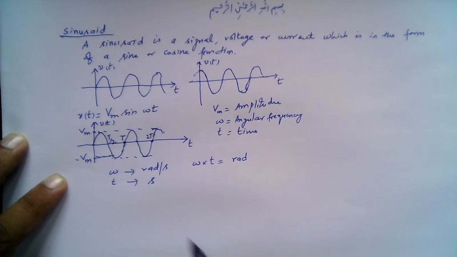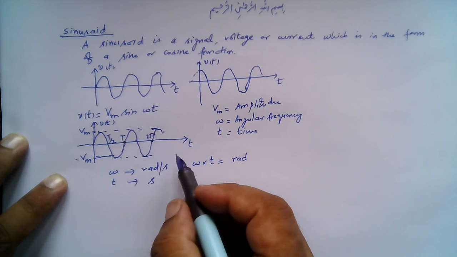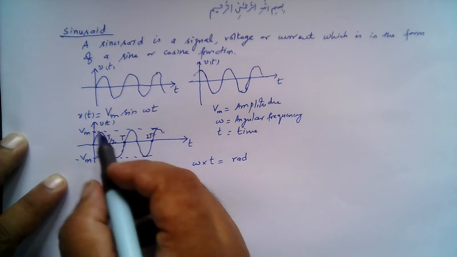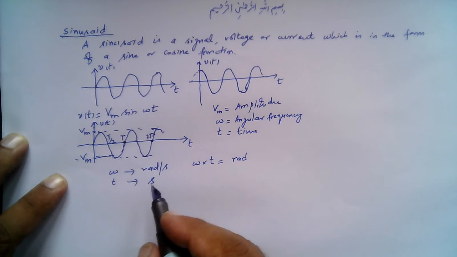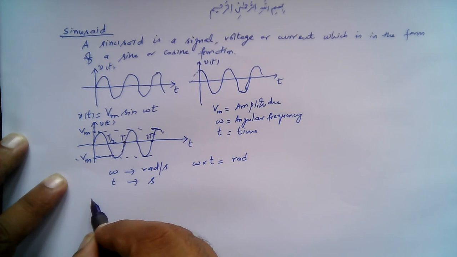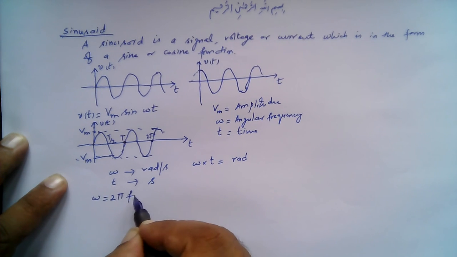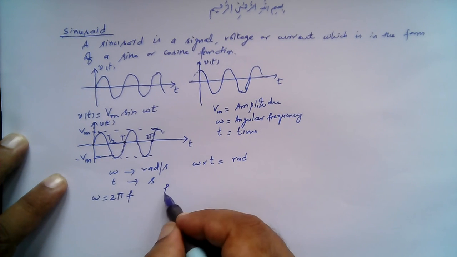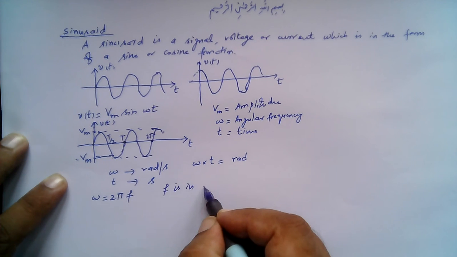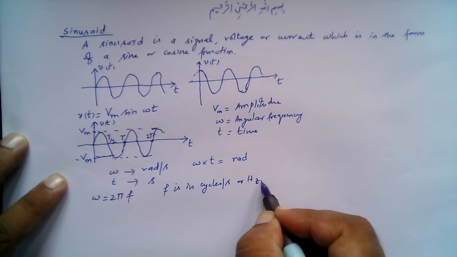So a sinusoid is a periodic signal in this form, Vm sine omega t, and this omega, as I told you, is an angular frequency, and it is given by omega equal to 2 pi f, where f is in cycles per second or hertz, right?